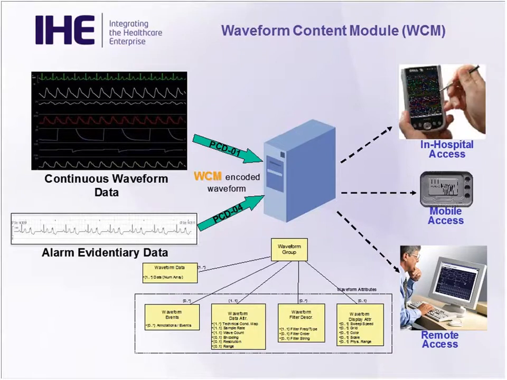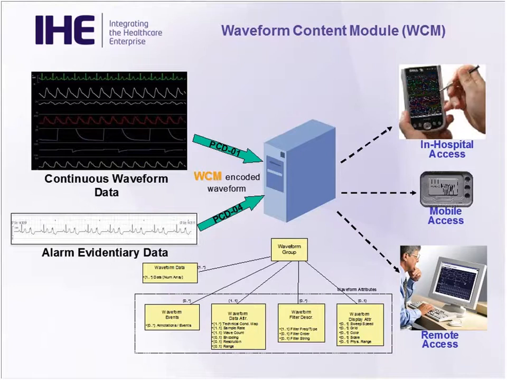As I mentioned, waveform content is something that we focus on with the DEC and the ACM profiles. There are two forms. One is that you can have a live streaming waveform that's continuously updated, or you can use the evidentiary data, package it up, and send it off in your alert communication management report to provide a waveform snippet.